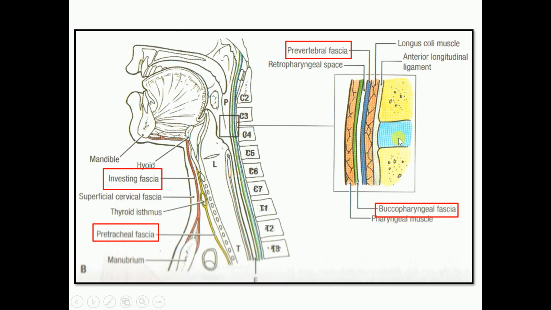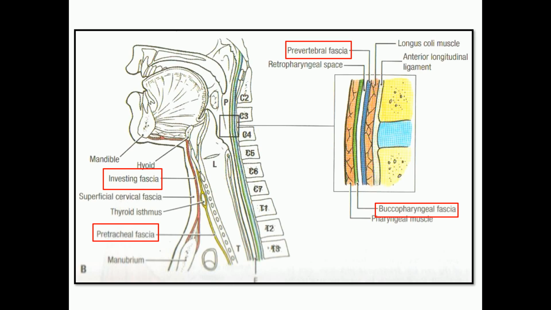Tracing above, the fascia extends up to the base of the skull, to which it is attached. Now tracing below, it is continuous downward in front of the longus colli muscle and into the superior mediastinum, where it blends with the anterior longitudinal ligament of the upper three thoracic vertebrae.